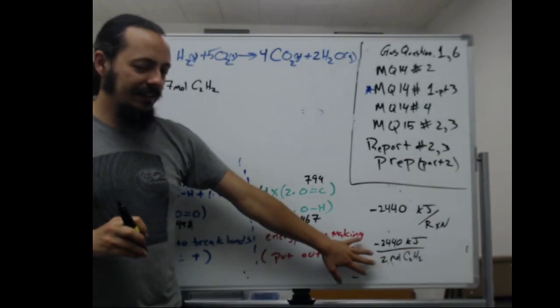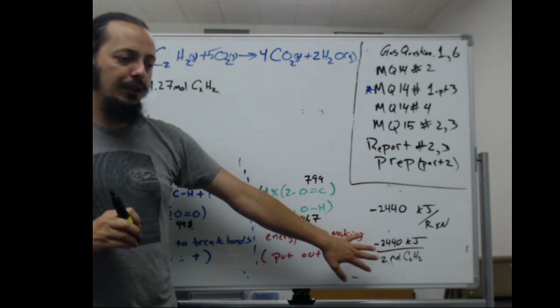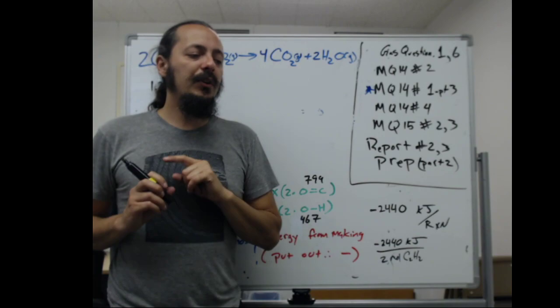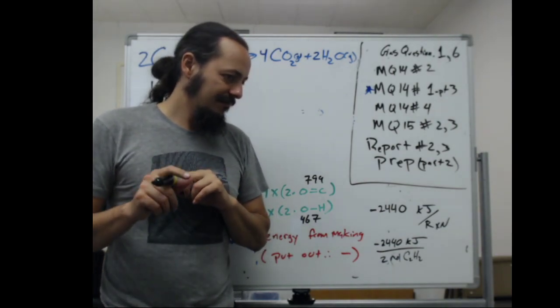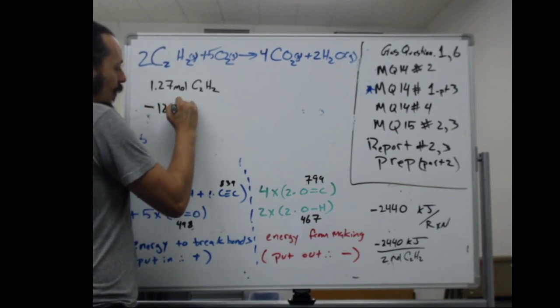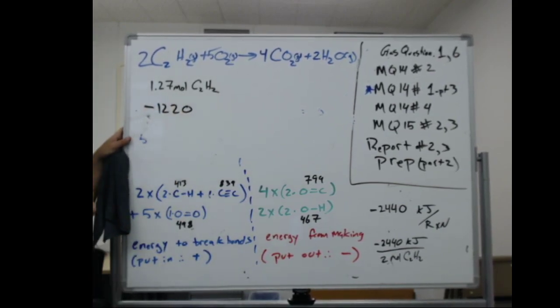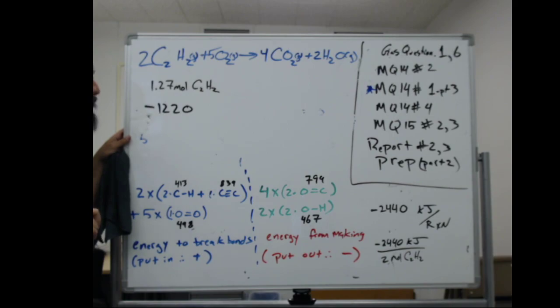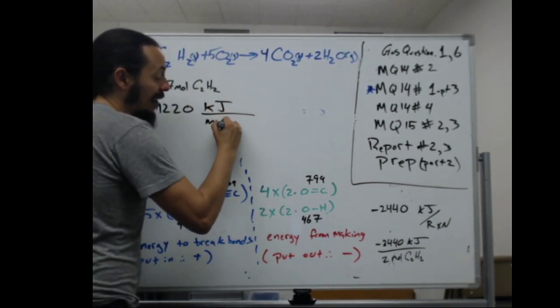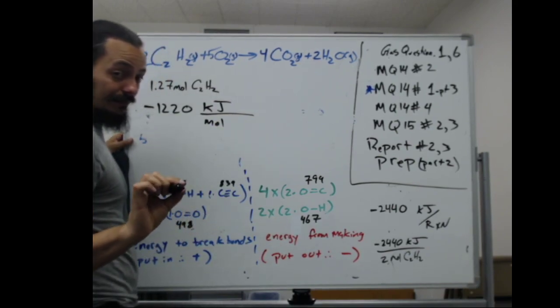What did you just calculate down here with your enthalpy of reaction? Well, let's say this. What was the number you just got? -1,220. What are the units on that -1,220? kJ over mole. Mole of? Ethine.